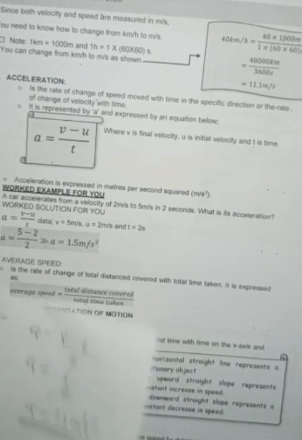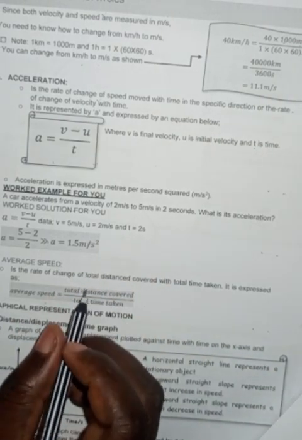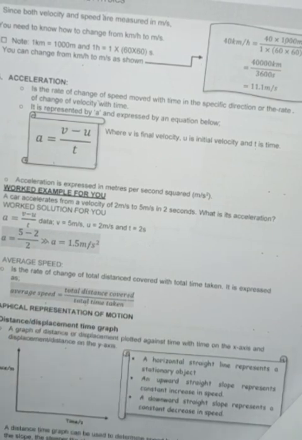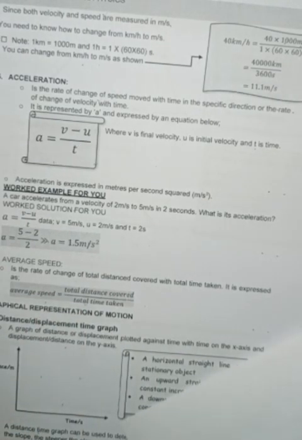And therefore, acceleration becomes 1.5 meters per second squared. So that is the answer. That is how you find acceleration.